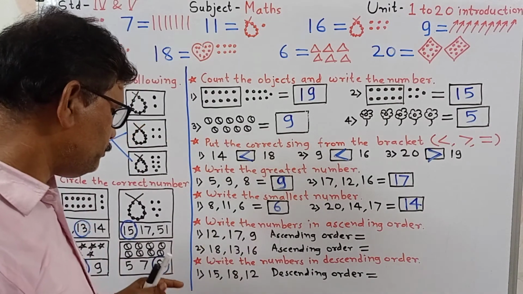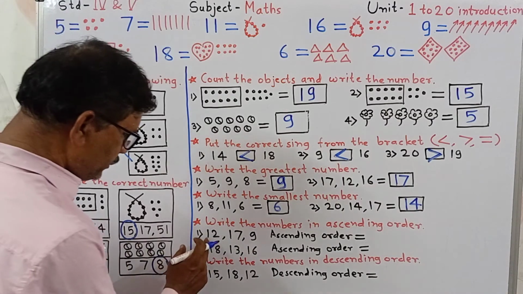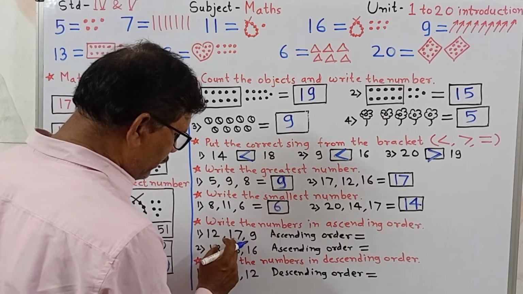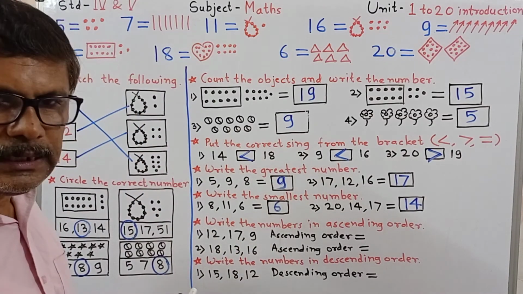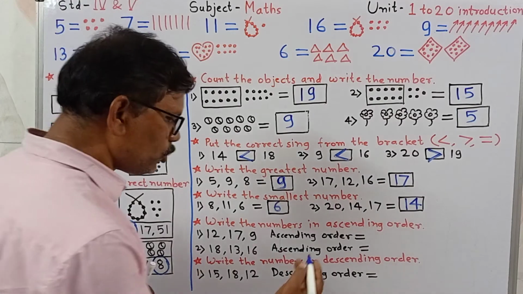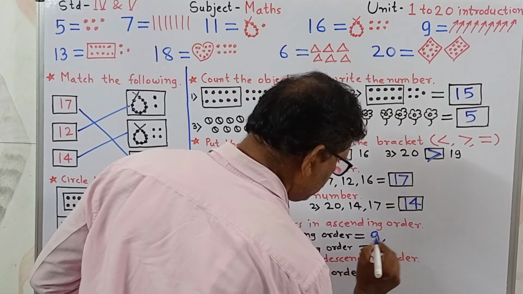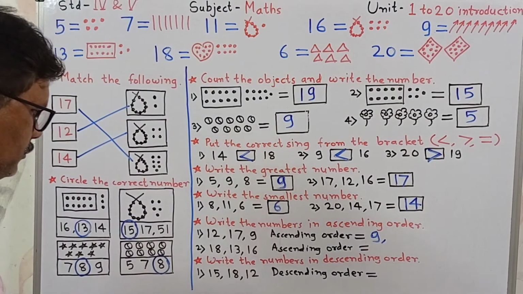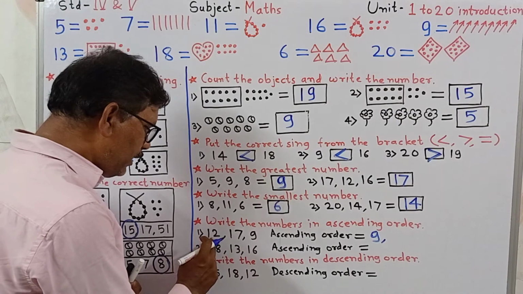Ascending order. So we must write the smallest number. Here is 12, 17, 9. So you know 9 is the smallest number. So write here first 9, then write comma, then 12.